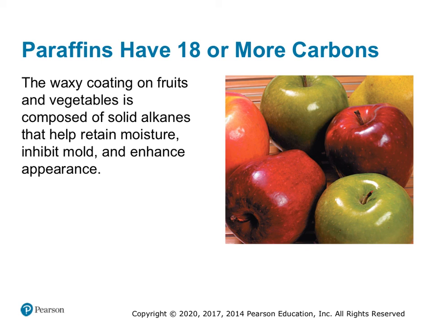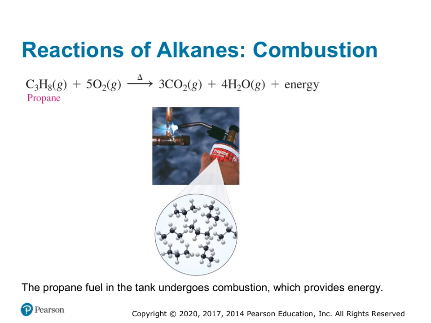Here's an example of paraffin use with 18 or more carbons. The waxy coating on apples makes them shiny. It is a paraffin wax. The main type of reaction that alkanes undergo is combustion.